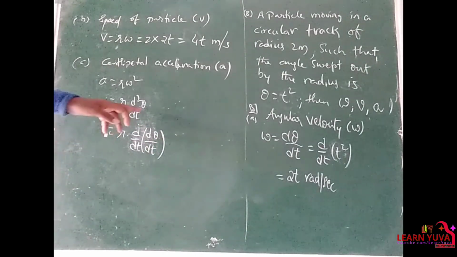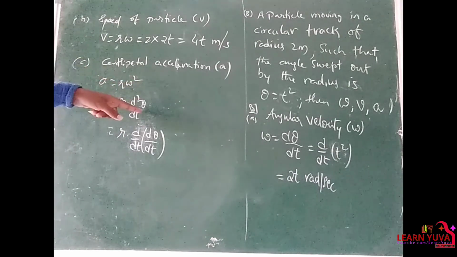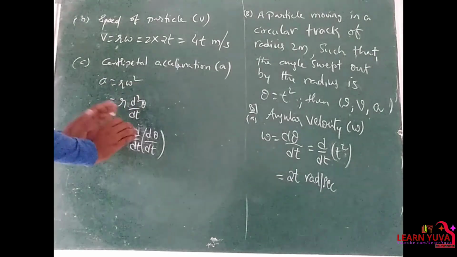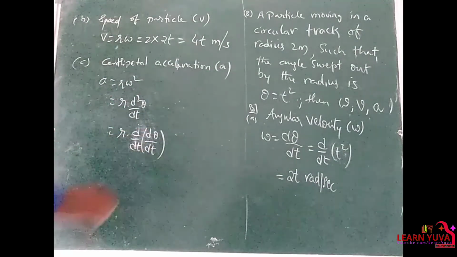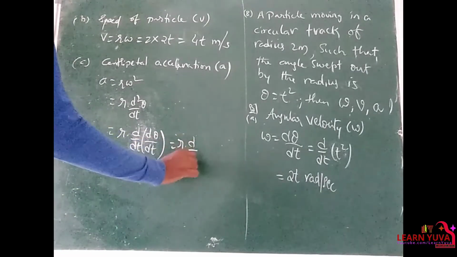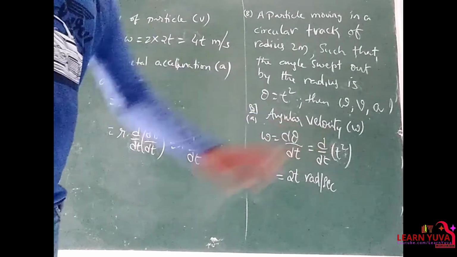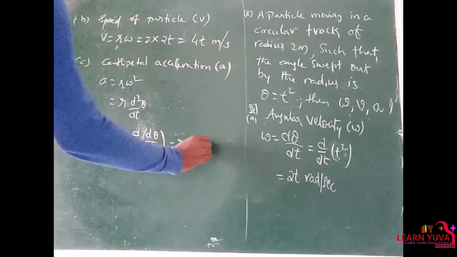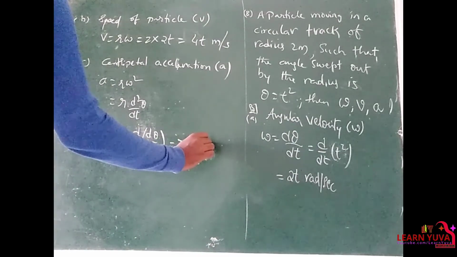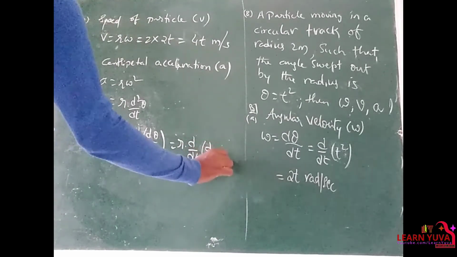We have to derive this theta 2 times, that is because of omega square.